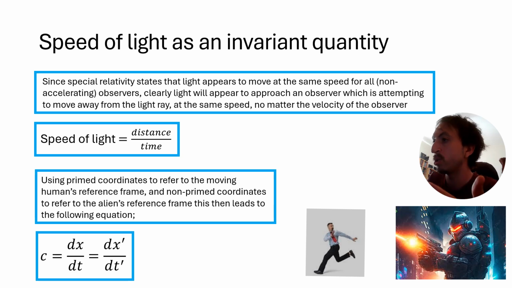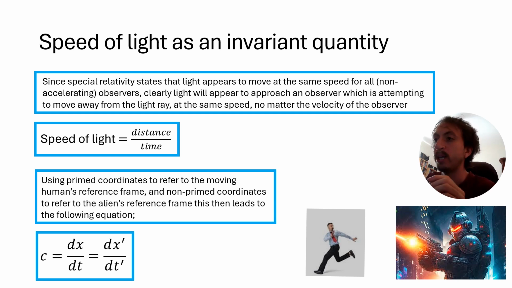So what this equation says is that the speed of light is the same for both the alien and the human. For the human, the speed of light is the distance the light travels according to him, divided by the time it takes for the light to travel that distance. And for the alien, the speed of light is the distance the light travels according to the alien, divided by the time it takes the light to travel that distance according to the alien.